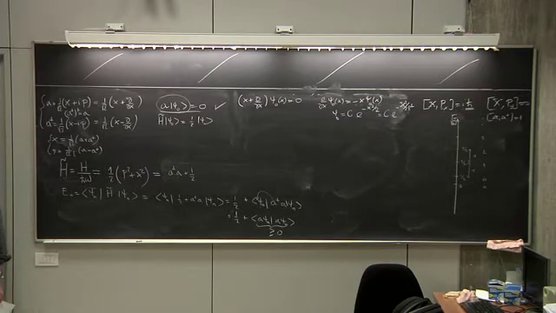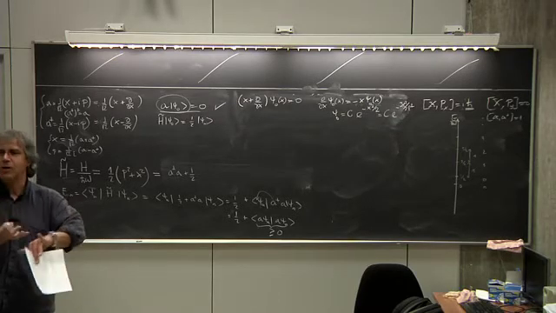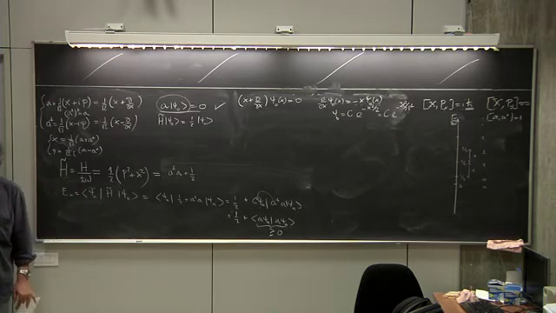And these are best captured if you introduce those operators. So you create particles directly with those operators in a way that the state is automatically correctly symmetrized or anti-symmetrized.